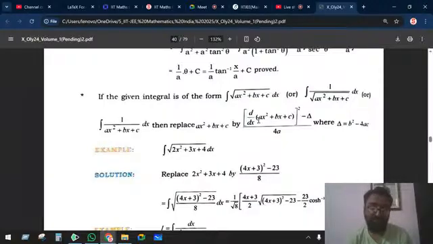You should remember. Actually, don't remember, it is a useless point. Try to make this a perfect square. That's it. Try to make it a perfect square. So in the denominator, some number will come, send it outside, no issue.